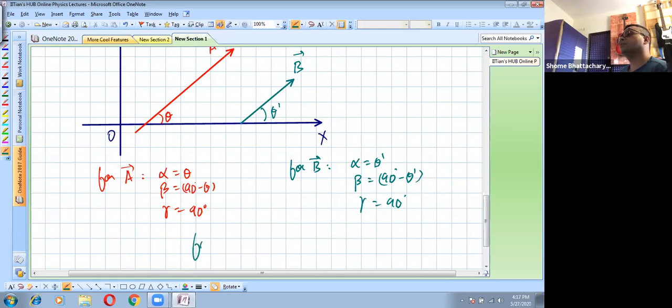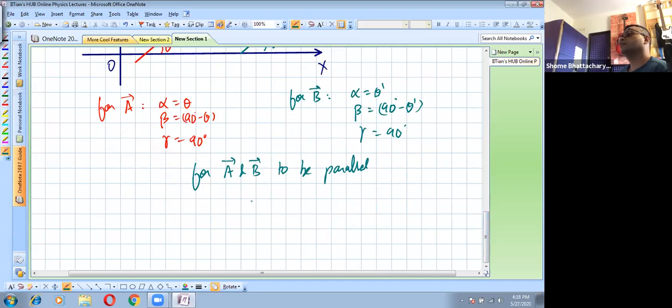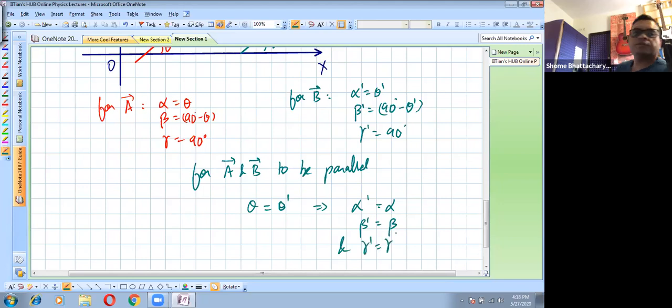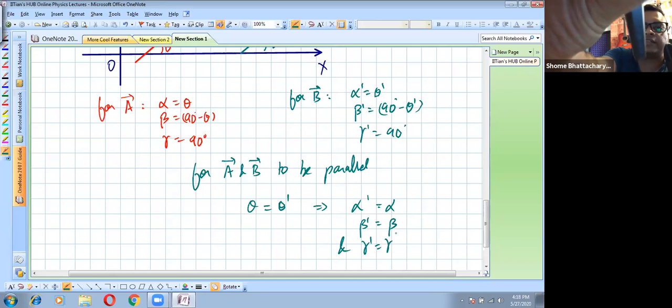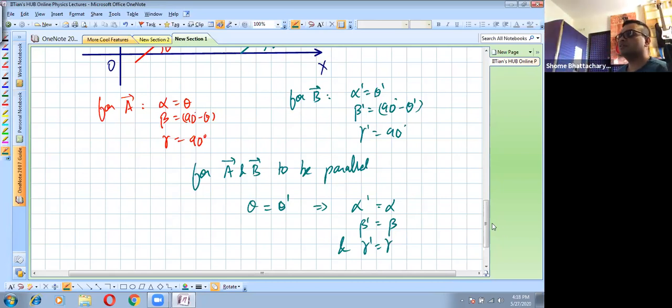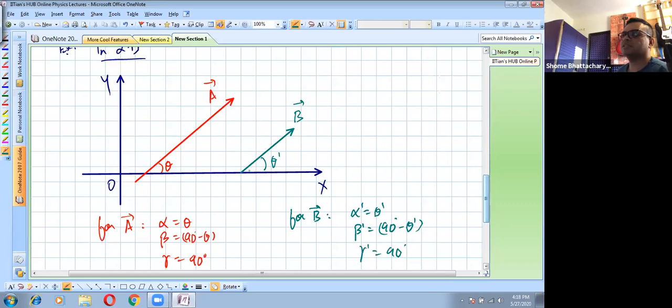Now for E and B to be parallel, theta should be equal to theta prime. And the moment that happens, all these angles, alpha prime and so on, should be equal. This becomes a necessary condition in terms of direction cosines. Because this is a two-dimensional case, we might not think in terms of direction cosine; we might just think in terms of angles. So it's enough to say that theta is equal to theta prime.